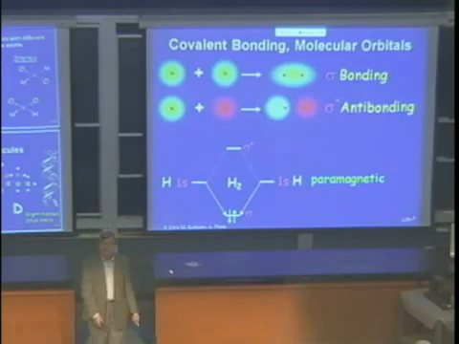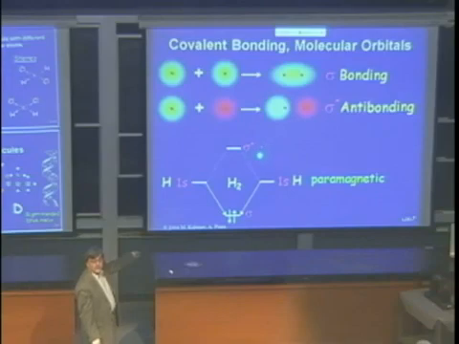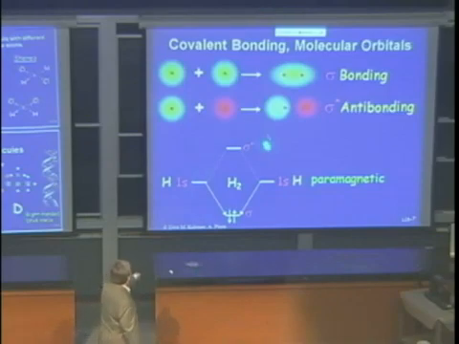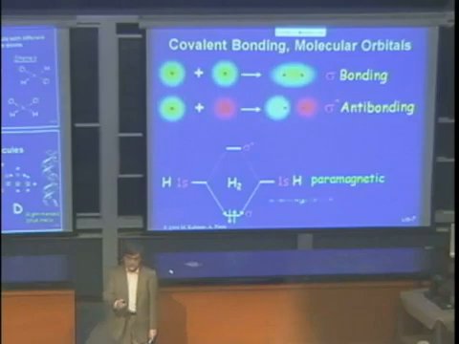How many bonding electrons do we have? 2 here. How many anti-bonding? 2 minus 0 is still 2, divided by 2, so the bond order for this H2 would be 1. So obviously it's possible. If the bond order is 0, then it's not binding.